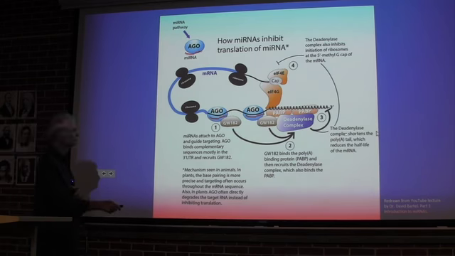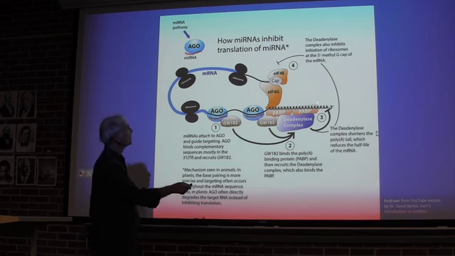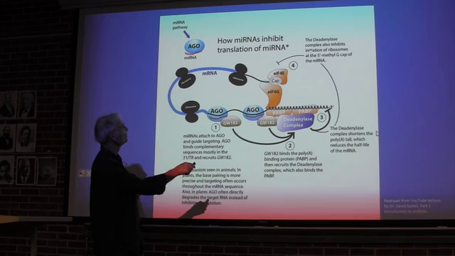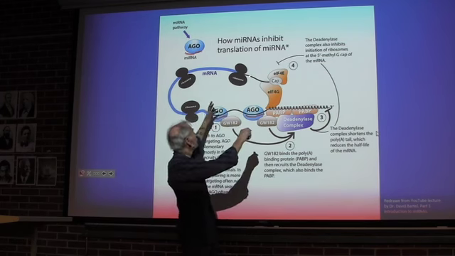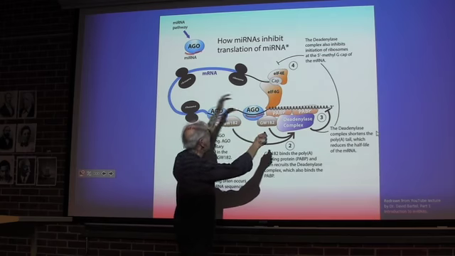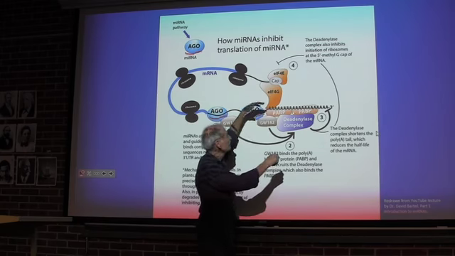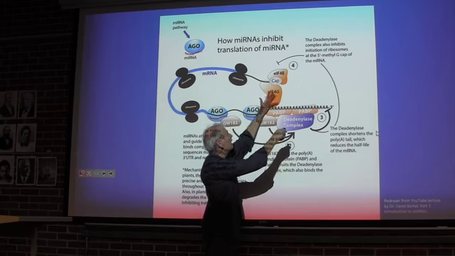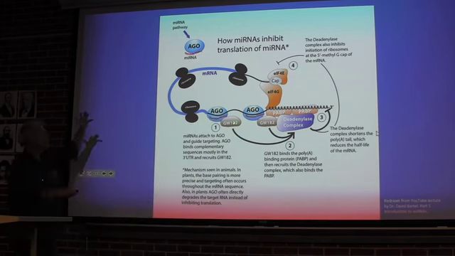In addition, this shortens the tail. The deadenylase complex also gets in the way of the cap region because it's all right together. It interferes with ribosomes loading at the cap. So you've got deadenylation happening right where you should be starting translation.